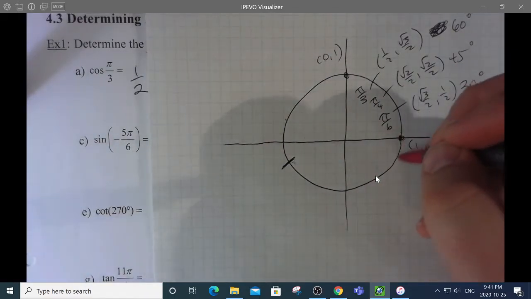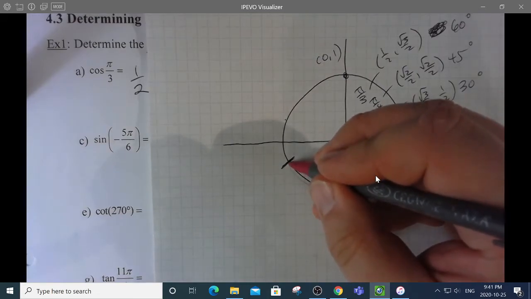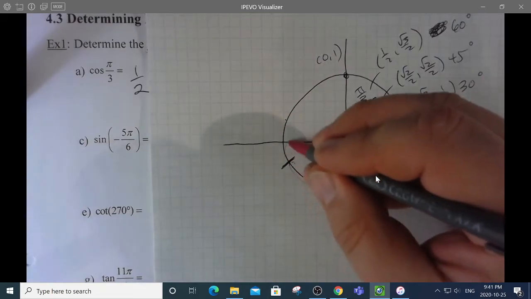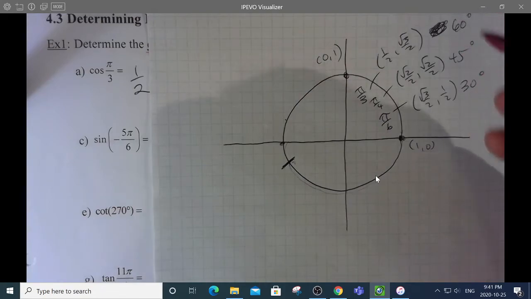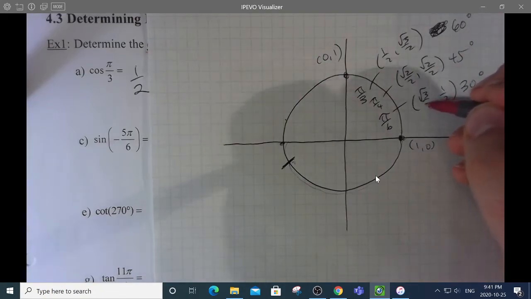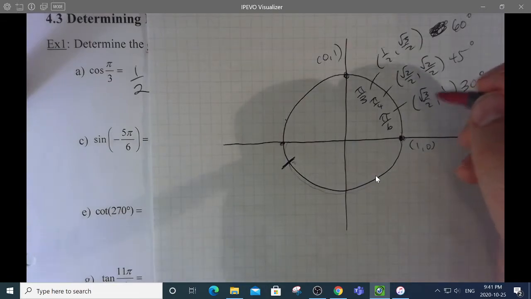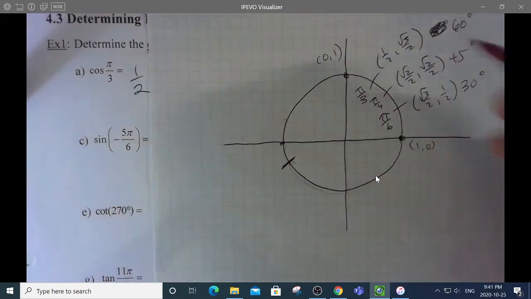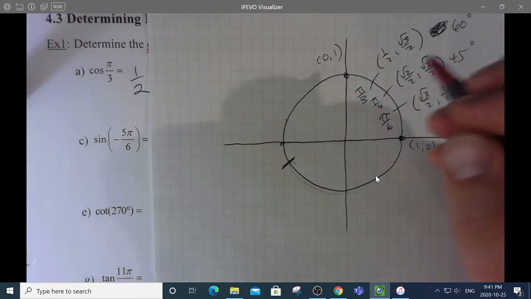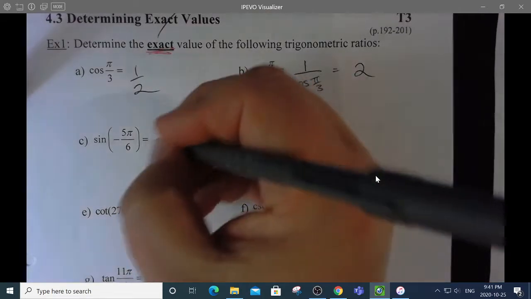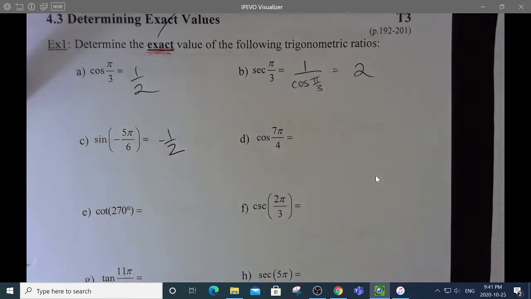So going in the negative direction for 5 pi by 6, 5/6 of pi, 1/6 away from being right here at negative pi, I'm going to have the same coordinates as this one, only both x and y are going to be negative. It wants the sine value. Sine is the y value, so it's going to be negative 1/2. Okay?